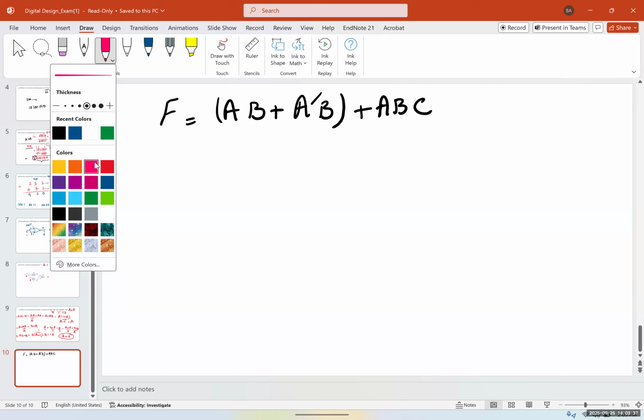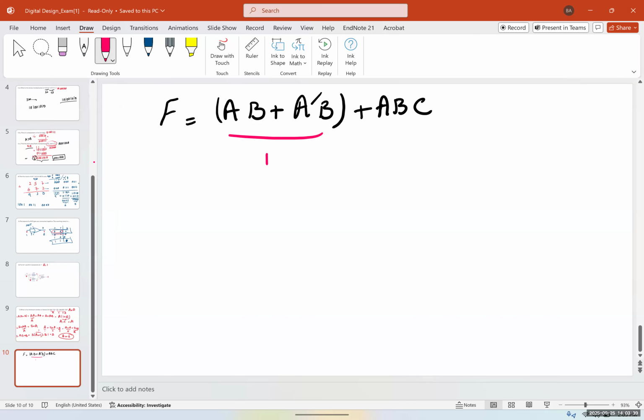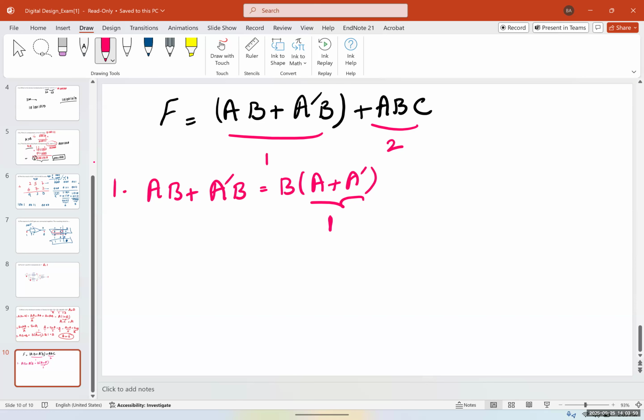Okay, perfect, yes. So we can again break this down. Say this is part 1 and part 2. Part 1, I can write AB plus A prime B like this: B times A plus A prime. What is A plus A prime? It's equal to 1.